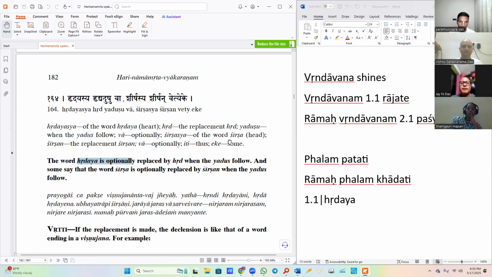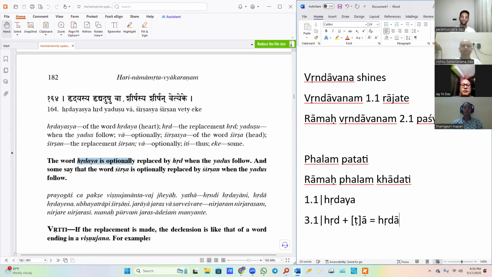So whenever the Yadus are following, optionally Hridaya will be replaced with Hrit, and then we will make the forms. So 2.3, let's say 3.1. Hridaya is replaced with Hrit optionally, and then Ta is there. So we'll simply combine, and the form would be Hrida.